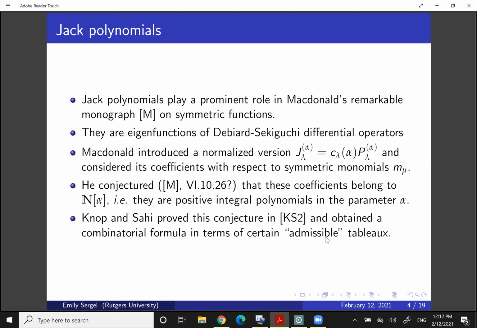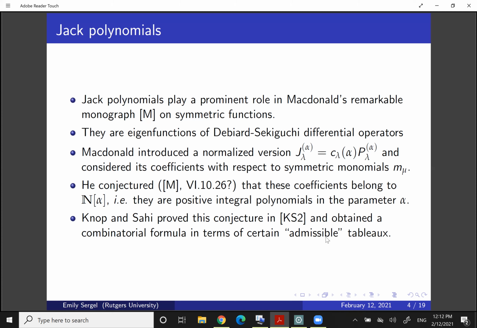So you take tableaux satisfying a certain admissibility condition and you have a weighted enumeration of them that equals the Jack polynomials. And you can see already here we have our first positivity result, that the Jack polynomials expanded in the monomial basis have these positive integral coefficients, and we're going to be looking at further and further generalizations and eventually proving them.